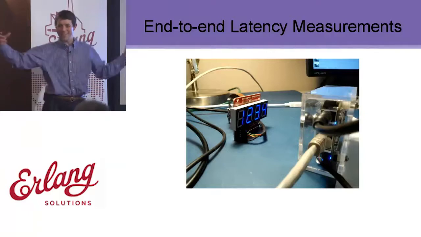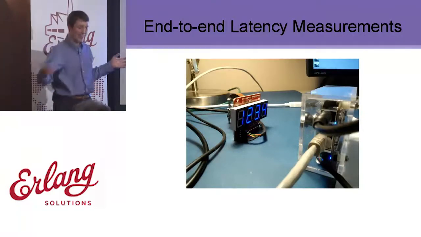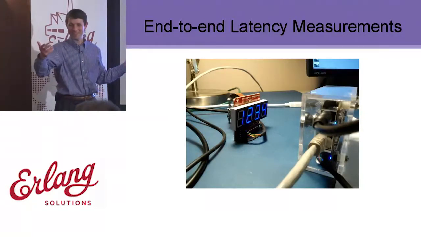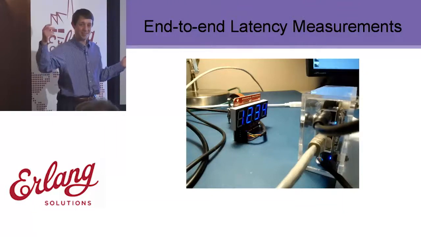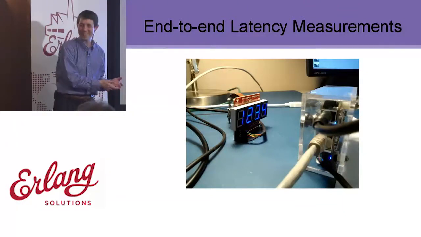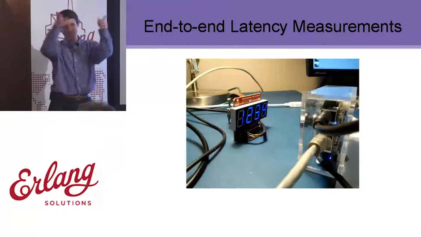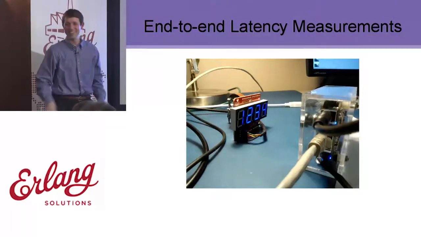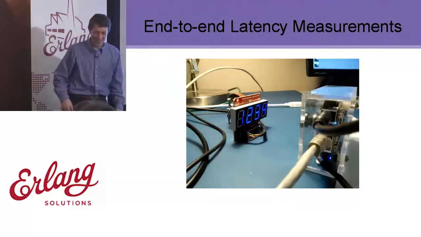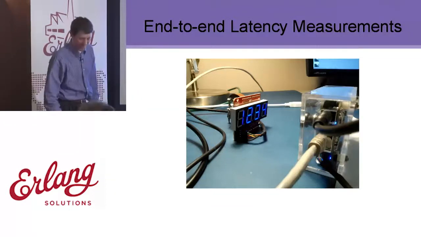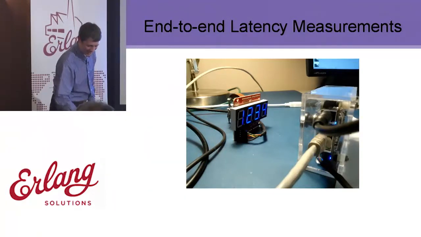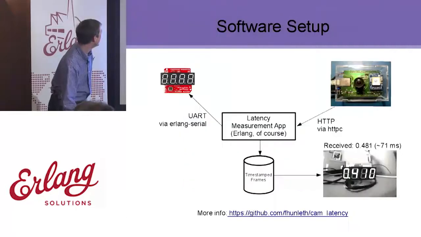So it keeps on counting. Shine the camera on it, then the camera's taking pictures of it, and I log the timestamp of the picture when it comes in, right? So then I have that timestamp, and I can see what the picture looks like. I can subtract and figure out the time, and I can do this for a bunch of pictures and basically get an idea of the latency.